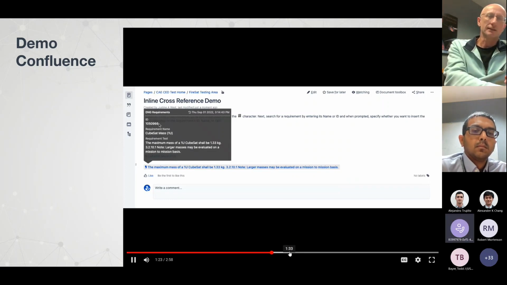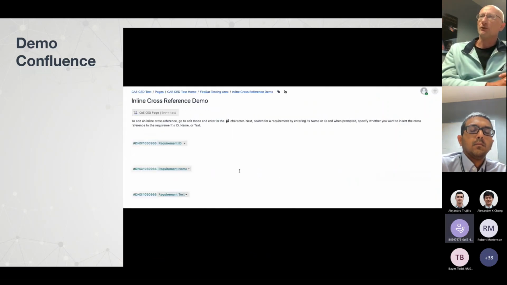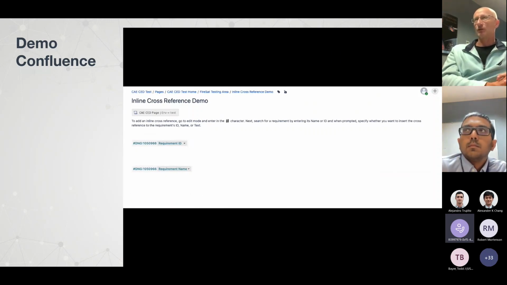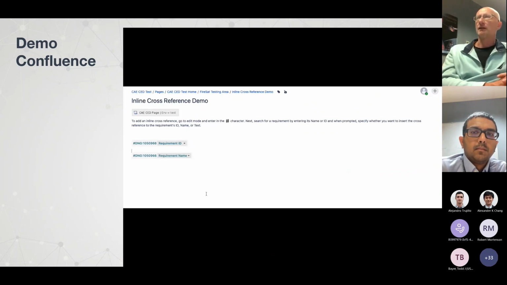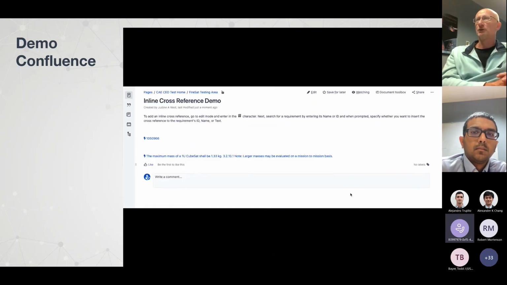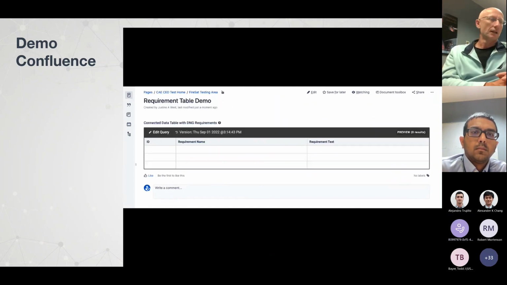Right? So cross-referencing is one important thing, and I think that closes this gap that I kind of explained before, right? You don't copy-paste things or manually write it into a document. You cross-reference the actual engineering data, and you know which version it is, and you know where it comes from, right? You have the whole chain of provenance.